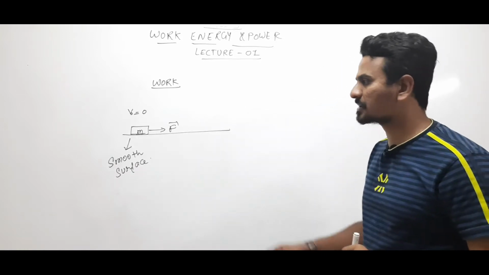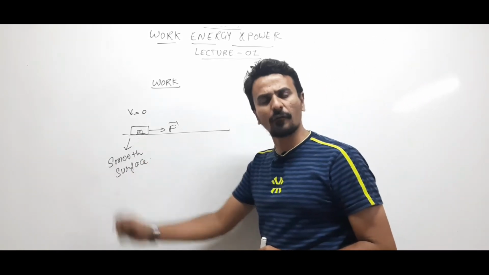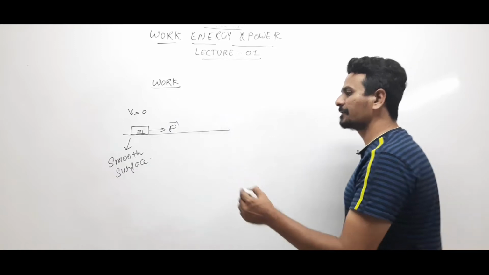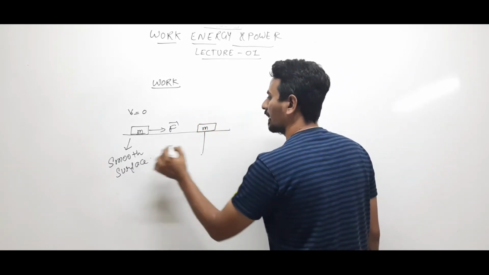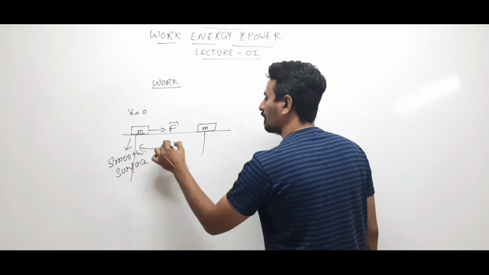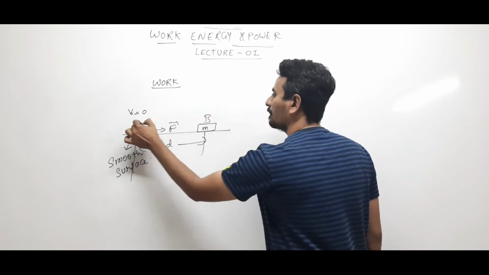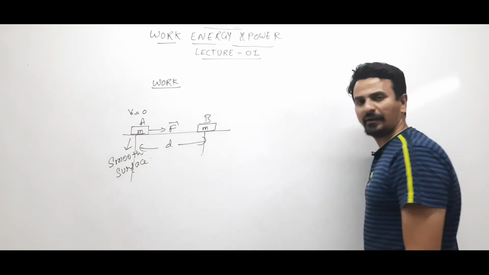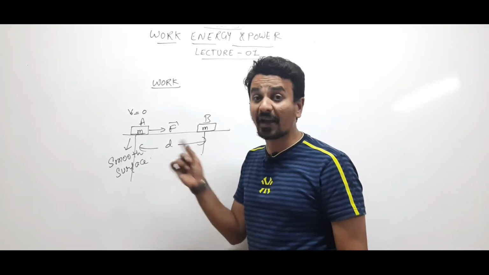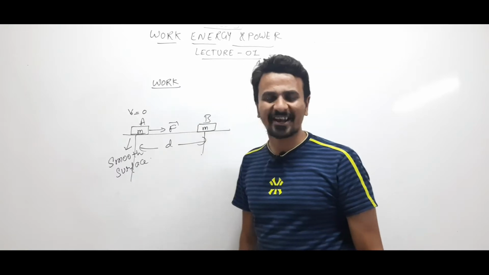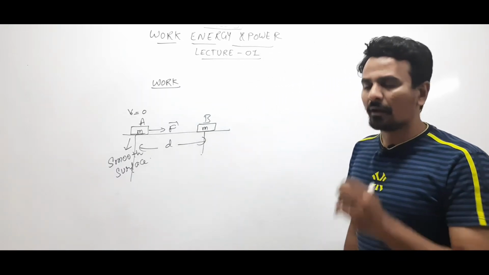I have applied a force F on the block of mass m, and because of this force the block displaces and it reaches to a point, say B, from A, right? So the block has been displaced by an amount D when you applied a force F on the block, right?